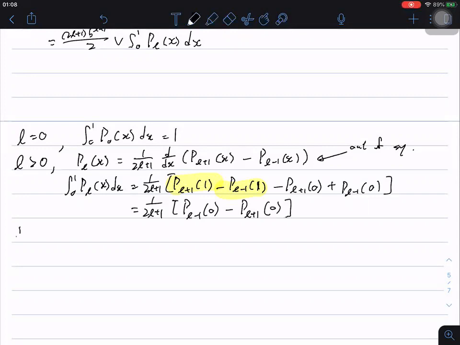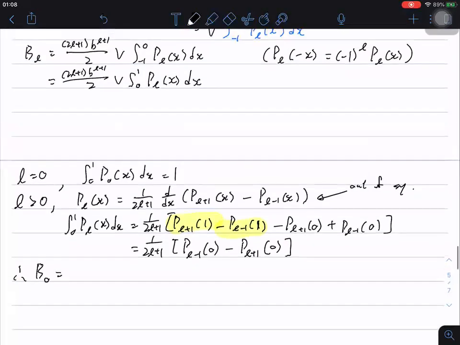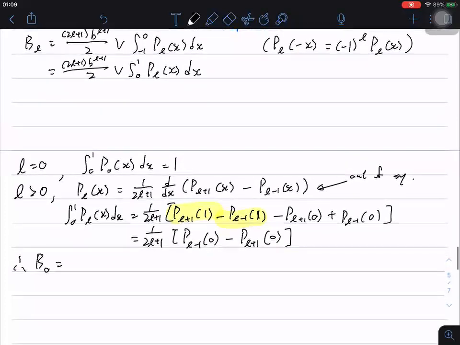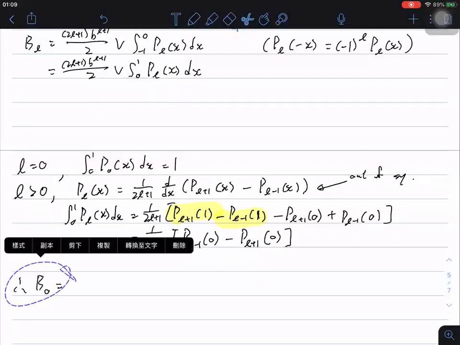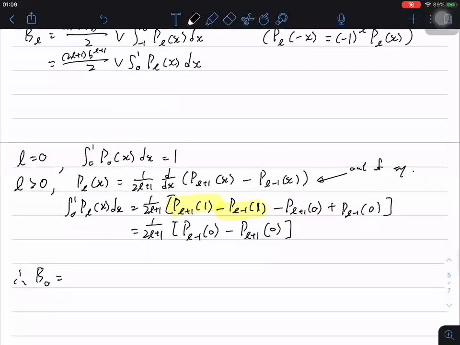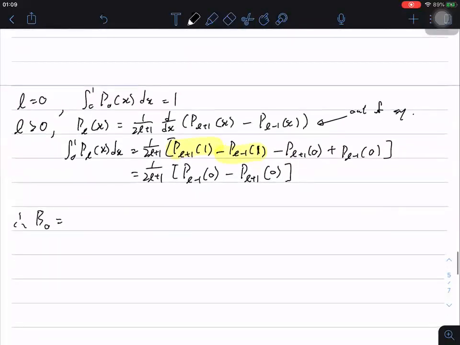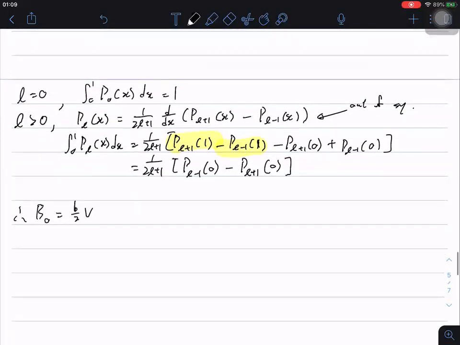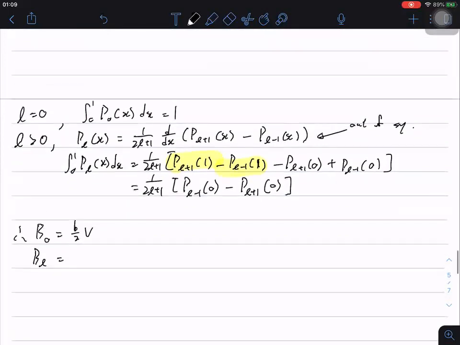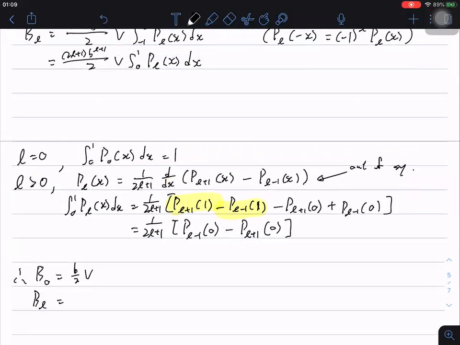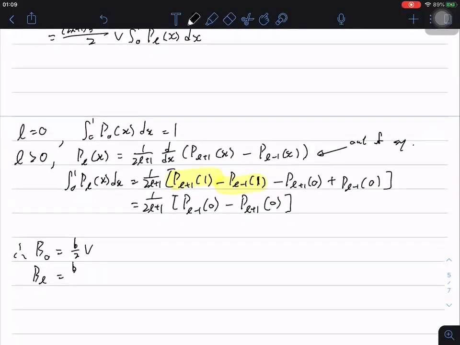Now for L equal to 0, when we plug L equal to 0 inside the B_L we found above, we can just obtain V over 2. And when we plug the integration back into the form above, we can obtain this constant.